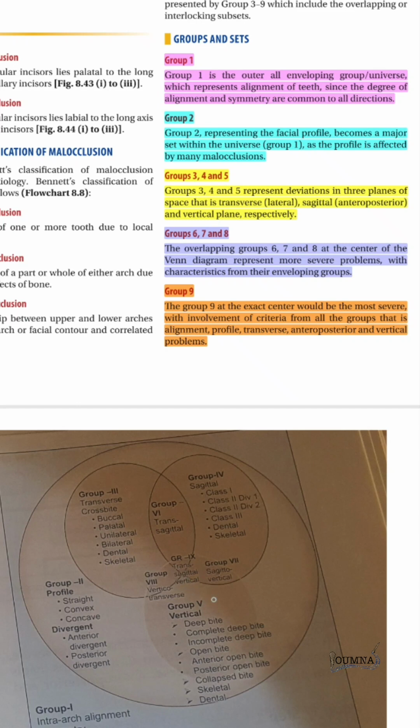The most severe is group 9, which has all of the malocclusions involved: the profile, the transverse, the anterior, posterior, and the vertical. All of them are in group 9.